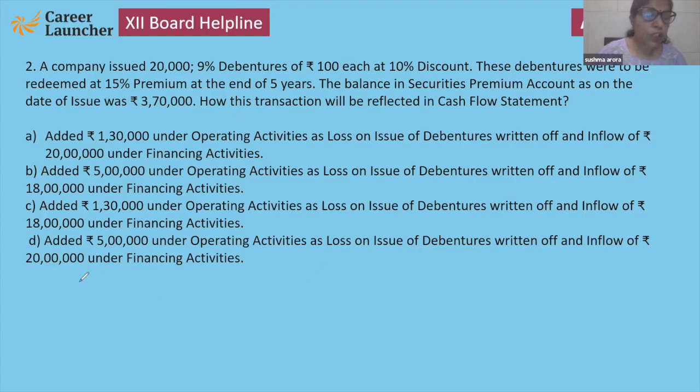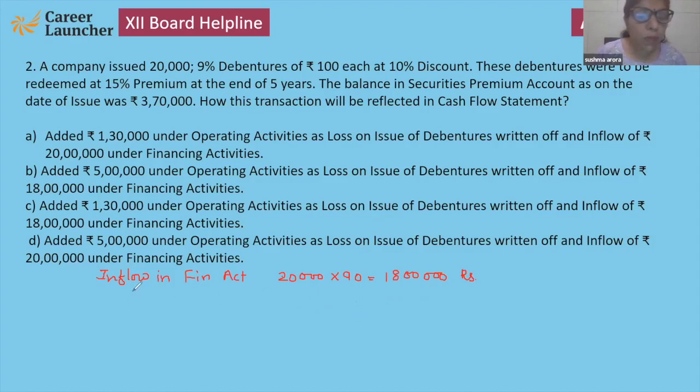First of all, you have to write it this way: inflow in financing activity. Numbers into rupees, that will be 90. Why 90? Because 10% is discount. So that will be 18 lakh rupees. Now these debentures were redeemed at 15% premium at the end of 5 years, so we have to calculate premium.